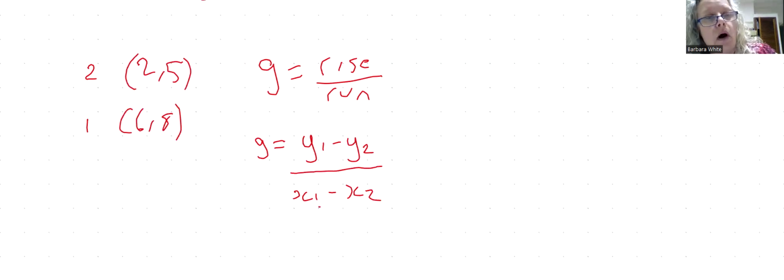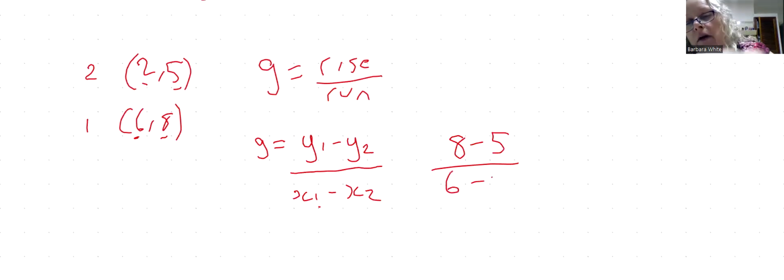So y1 take away y2. y1 is 8 and y2 is 5. x1 is 6 and x2 is 2. 8 take 5 is 3, 6 take 2 is 4, gradient is 3 over 4.